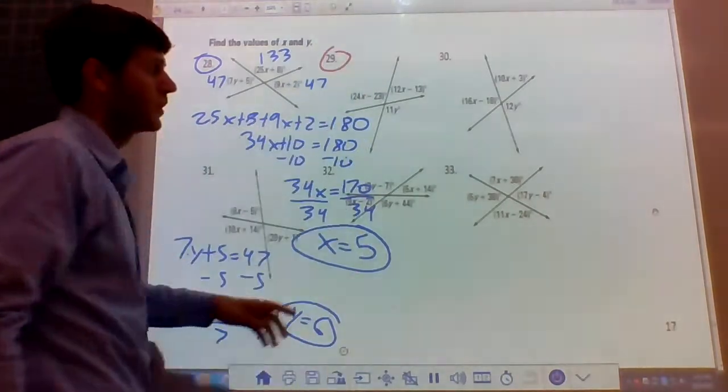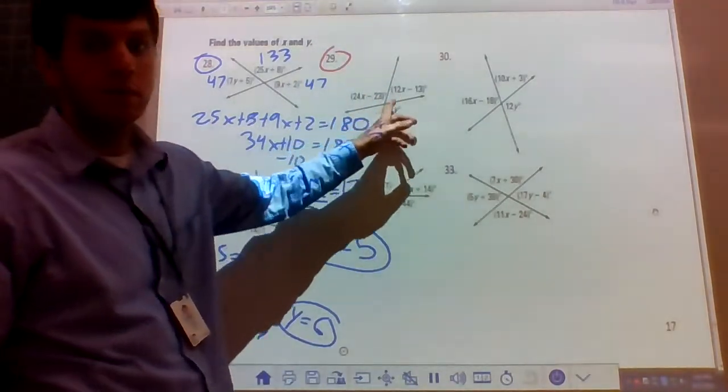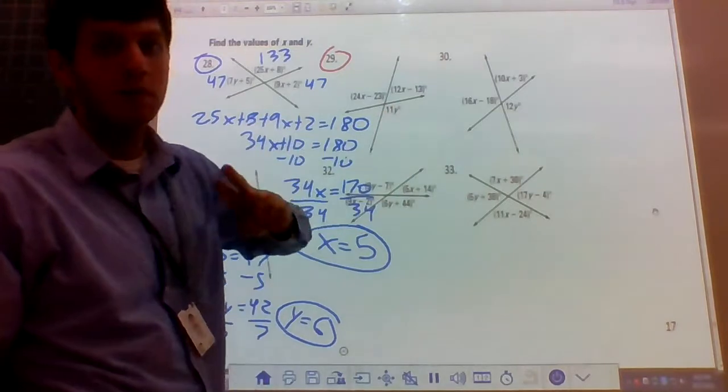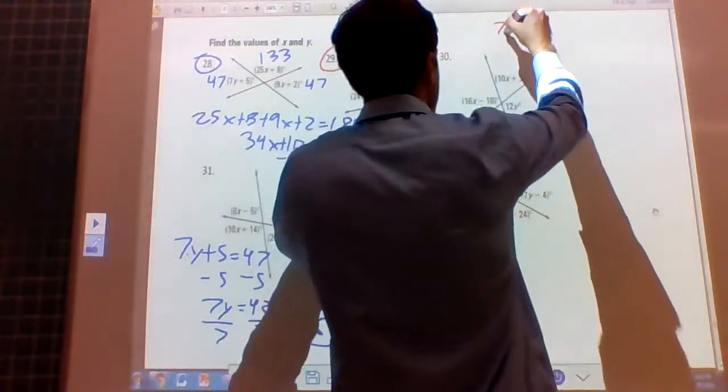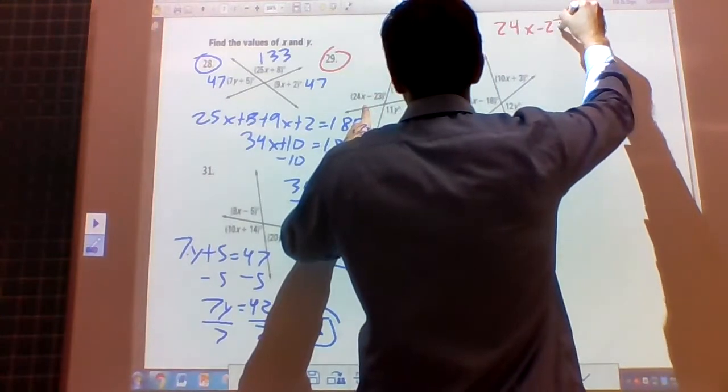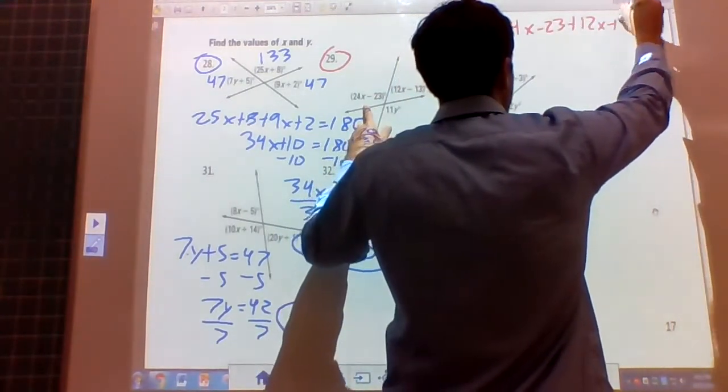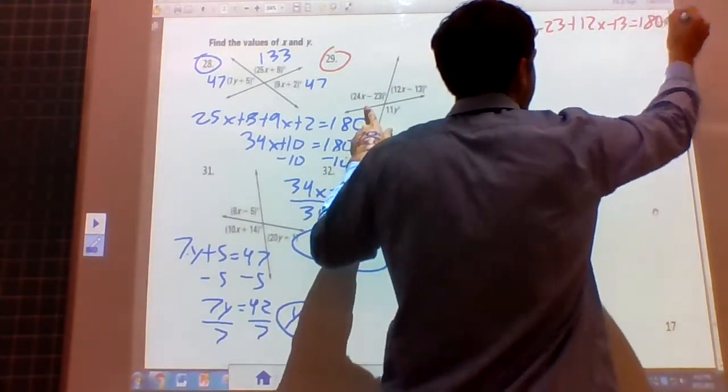So here, again, we want to pick the common variable because we don't want two variables in one equation. So 24x minus 23 plus 12x minus 13 equals 180. They're a linear pair.